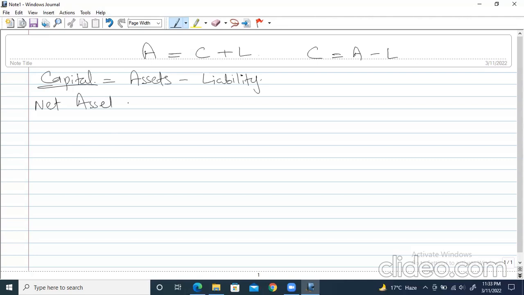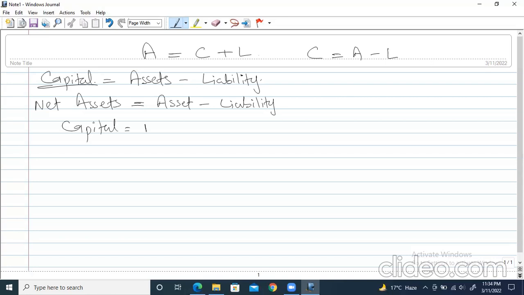Okay. Now net assets is a very interesting word because it has the word net. Net basically means to minus something, or to subtract something, or to take something out from any figure, right? So with the word net assets, always remember the formula is exactly the same as capital. So what we do is assets minus liabilities, right?